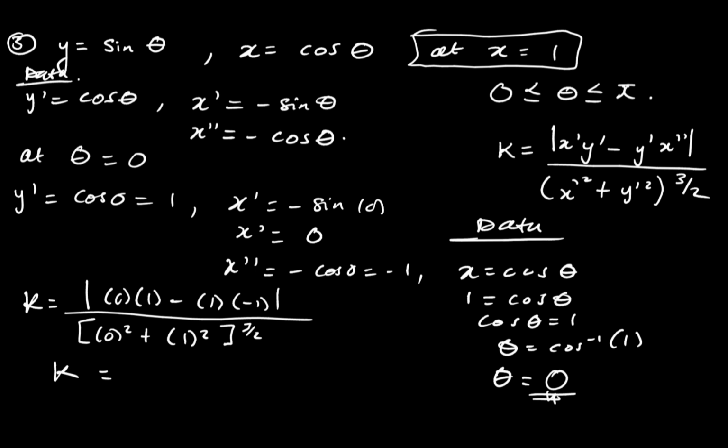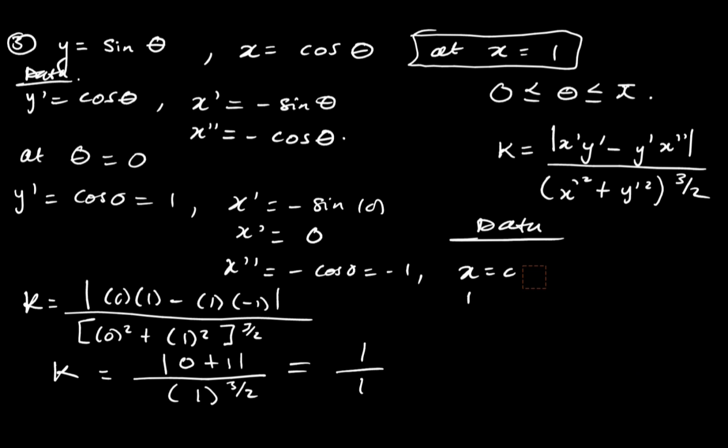So the curvature is the absolute value of 0 times 1, that is 0, minus, which will be plus 1, over 1 to the power 3 over 2. This gives us 1 over 1. Therefore, our curvature is equal to 1.